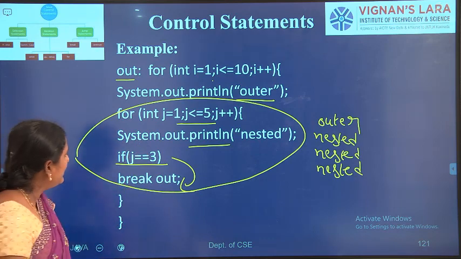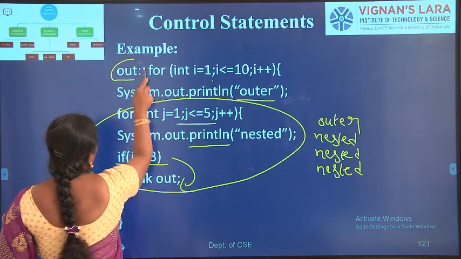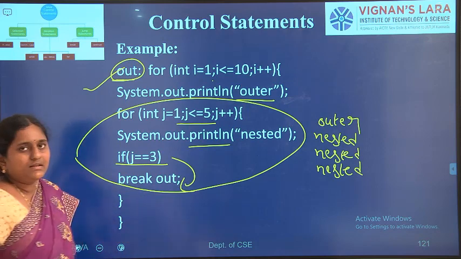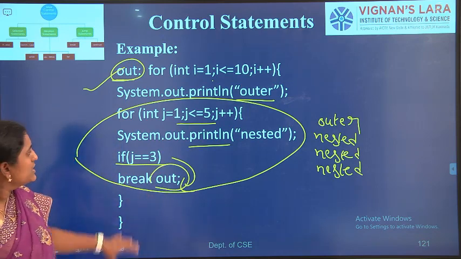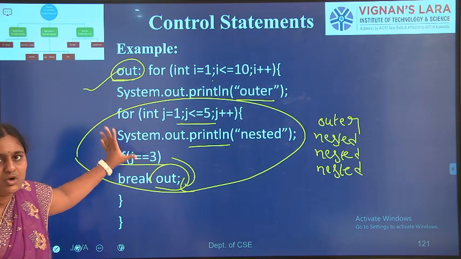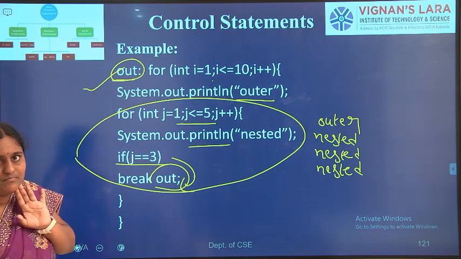For example, if I don't use the out keyword in this program, what will happen? It stops the inner loop, but the outer loop will continue.